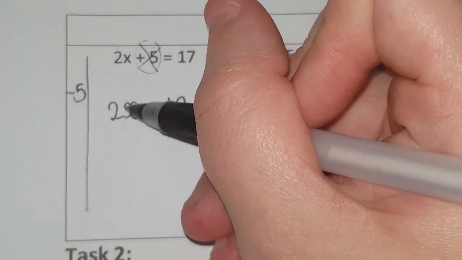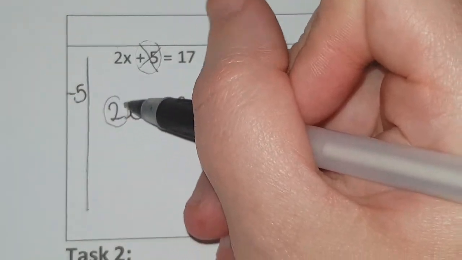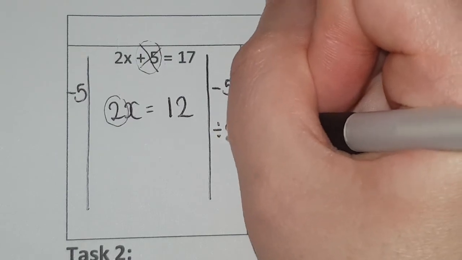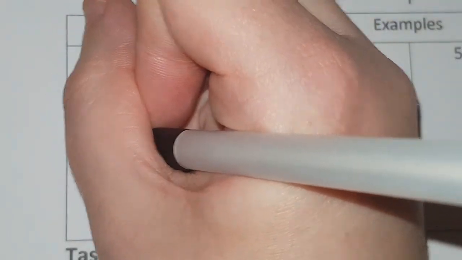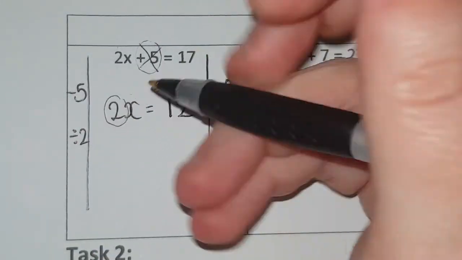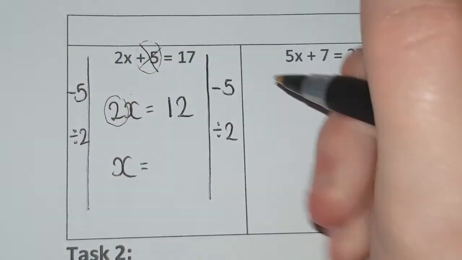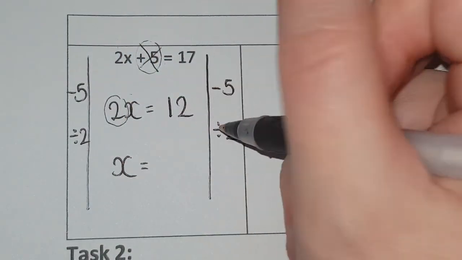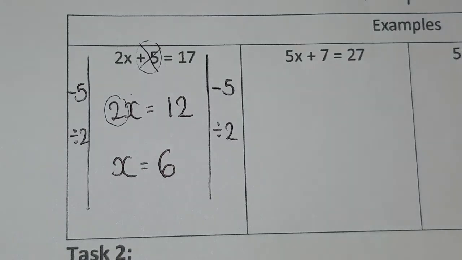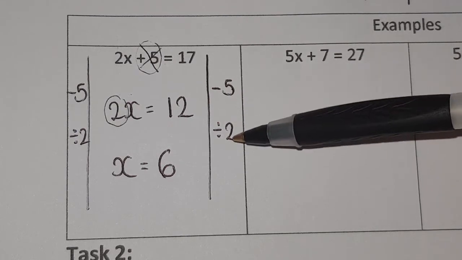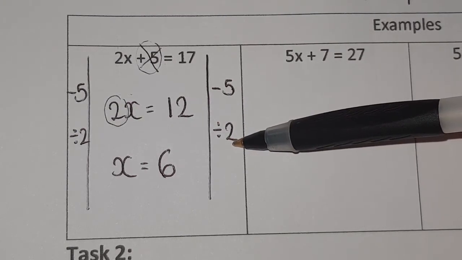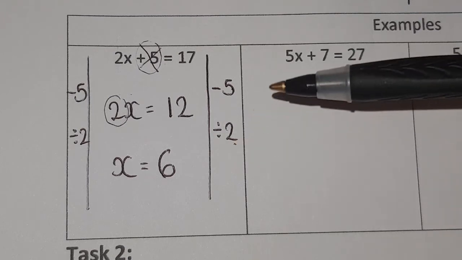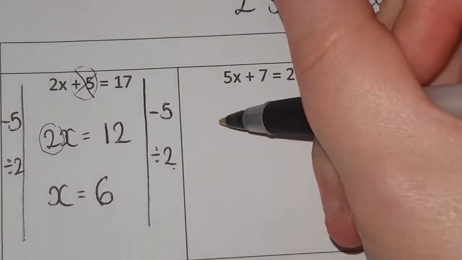So to get rid of the 2 in front, remember these mean that they're multiplied together, so the opposite is to divide by 2. So if I divide this side by 2, I've just got x left. And if I divide this side by 2, 12 divided by 2 gives me 6. Okay, so it's exactly what you've been doing before. It now just means it will take 2 steps to get to your answer, but the method-wise is exactly what you were doing on the last page, okay?